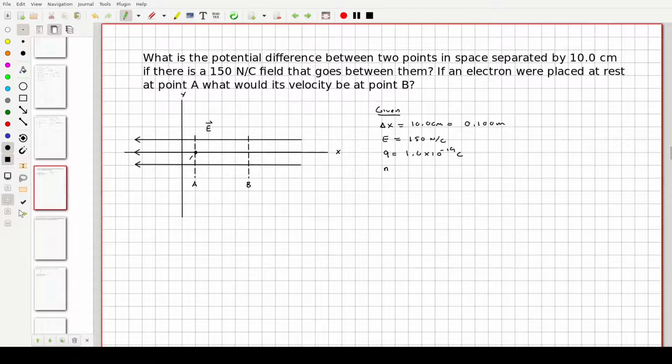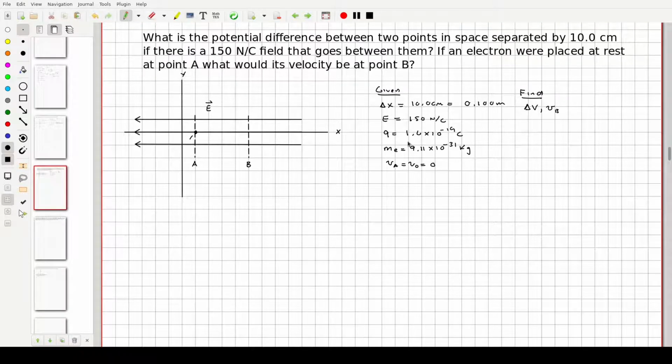We're also ultimately going to need the mass of the electron, which is 9.11 times 10 to the minus 31st kilograms. What we'd like to find is the difference in voltage between those 2 points in space and the velocity at point B. Now, the velocity at point A is our initial velocity, which is 0.